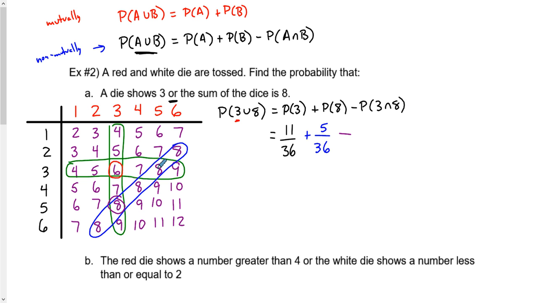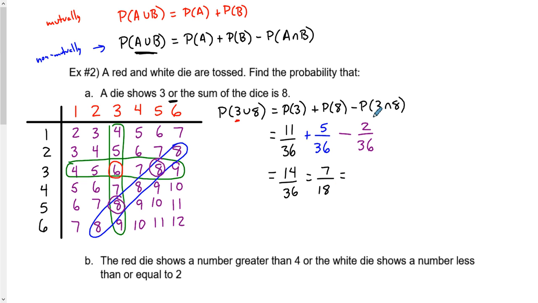Well, that's that one and that one. So we have to subtract the overlap, the intersection of these options. So we subtract that 2. Finish her off. 11 plus 5 is 16. Subtract 2 is 14. Of course, reduce where possible.